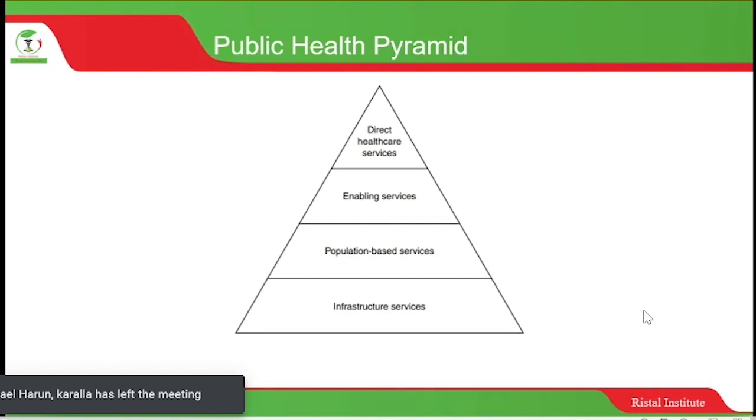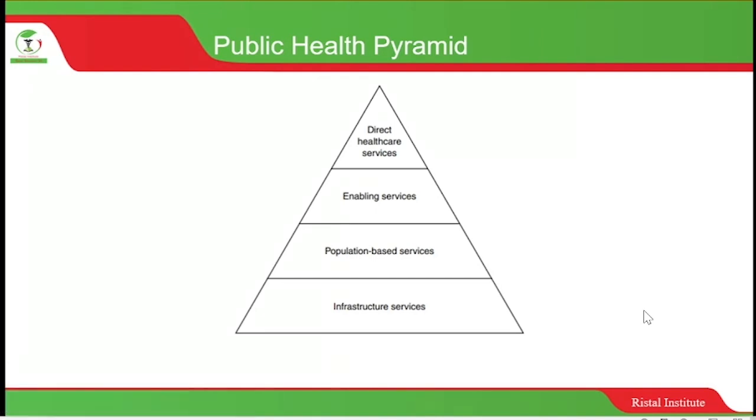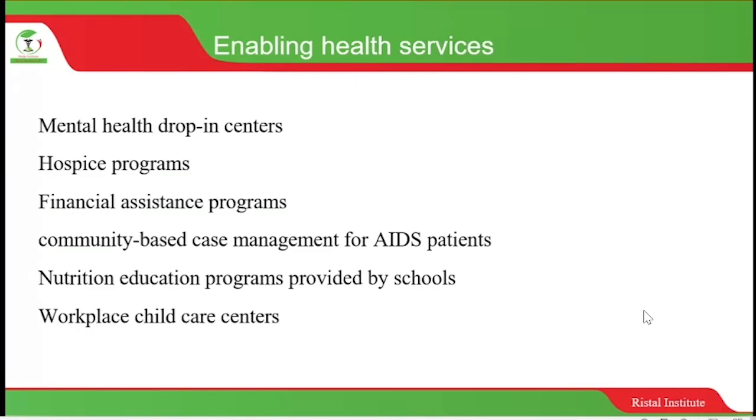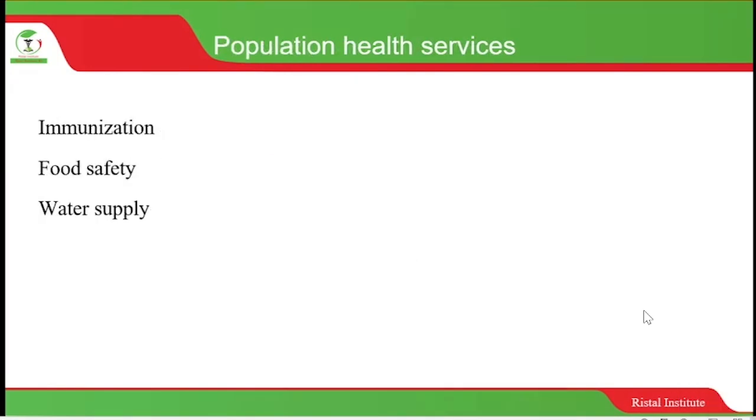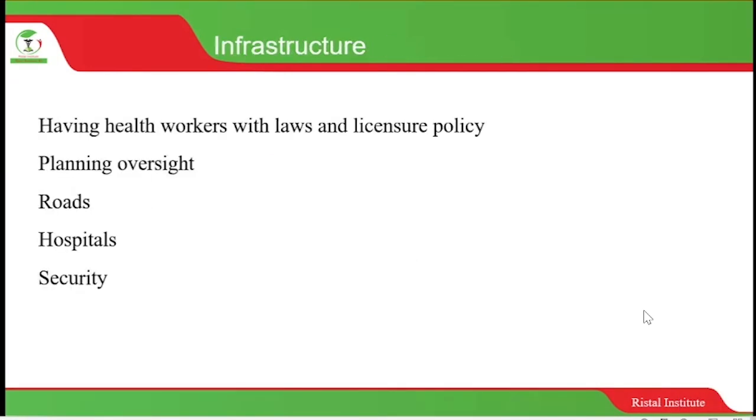You do more research and you find more resources about it. That is the health pyramid. So this is the information they tried to give here: the direct health care services, the enabling services, the population health services, and the infrastructure, which is at the base.